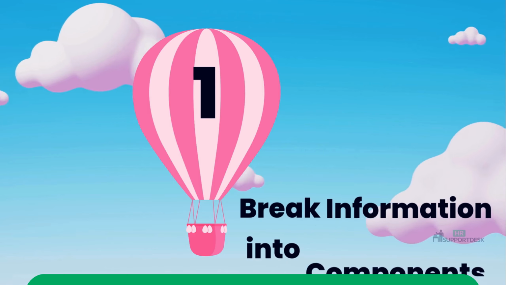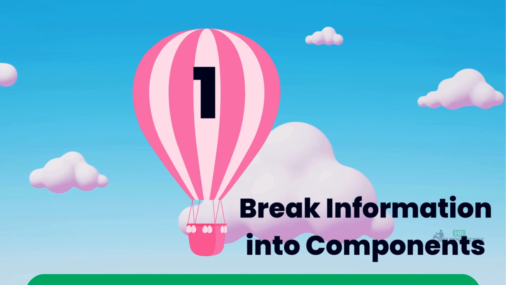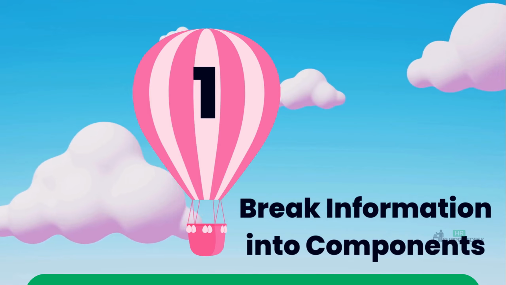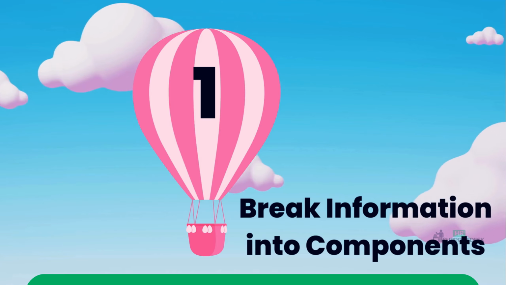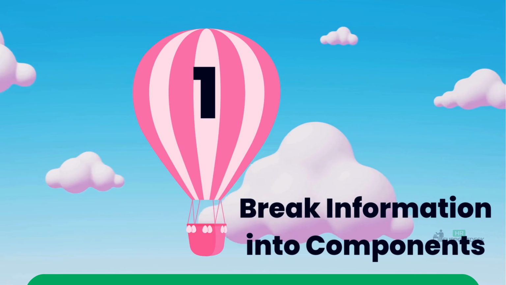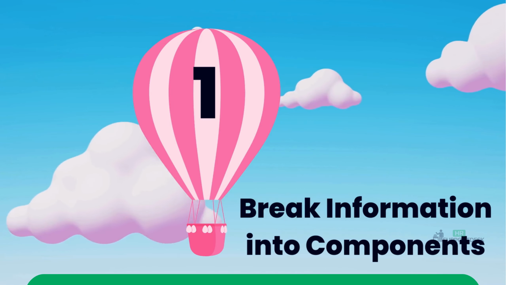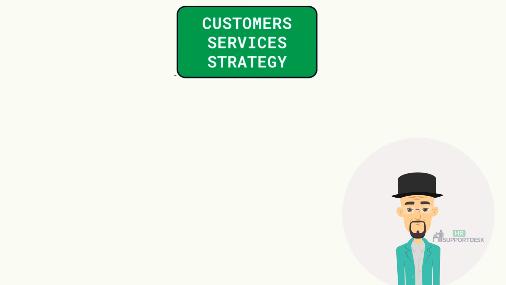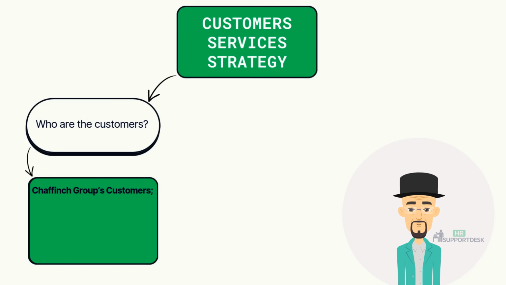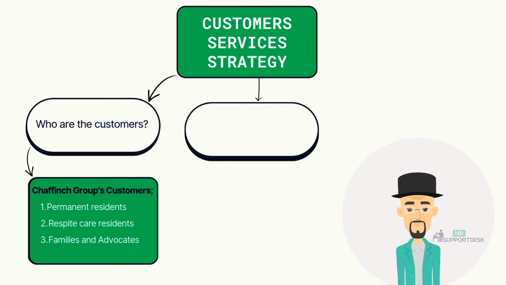1. Breakdown of information into components. Before writing anything, you must break the question down. In this case, there are 3 core components: customers, services, and strategy. Applying this directly to the Chaffinch Group's case, the customers would include permanent residents, respite care residents, families, and advocates.